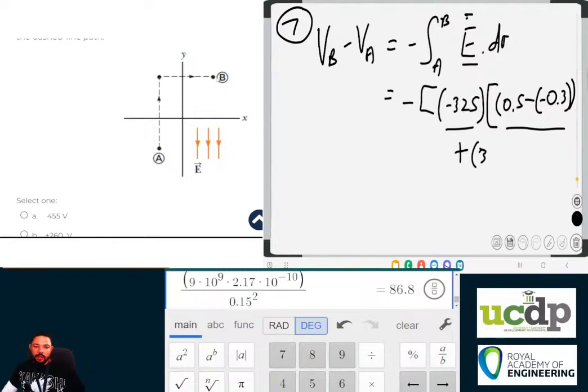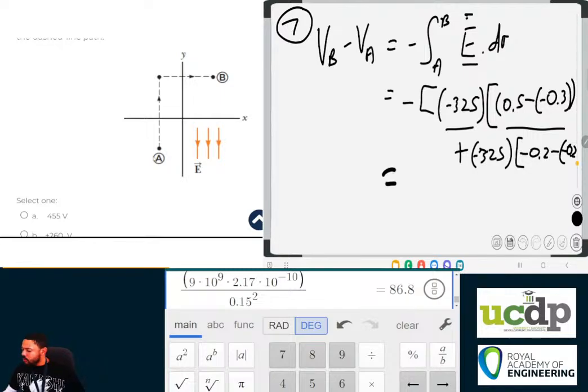So from B to the dot here, now it has to go down from that dot to point A. So it's again the electric field, negative 325, multiplied by the distance, which is negative 0.2 subtract negative 0.2. So we are subtracting it from itself, so that part will be 0 eventually.